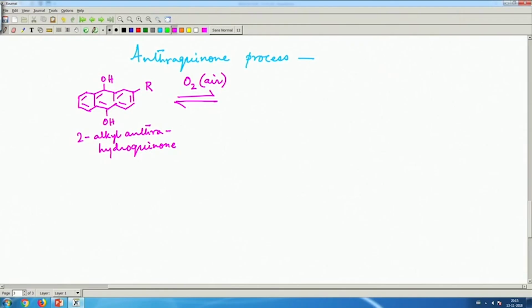So, this is a hydroquinone. What happens to it? It basically goes for its corresponding quinone formation. So, this is the corresponding quinone backbone, and with the other part still there with R over here.